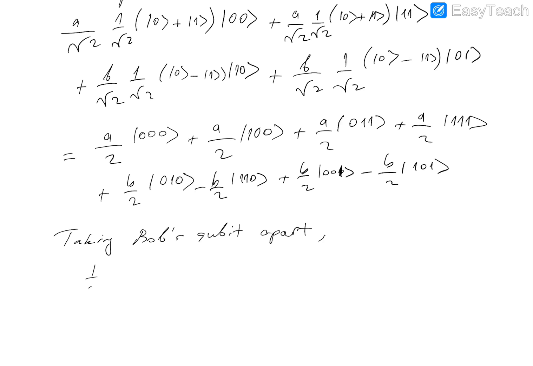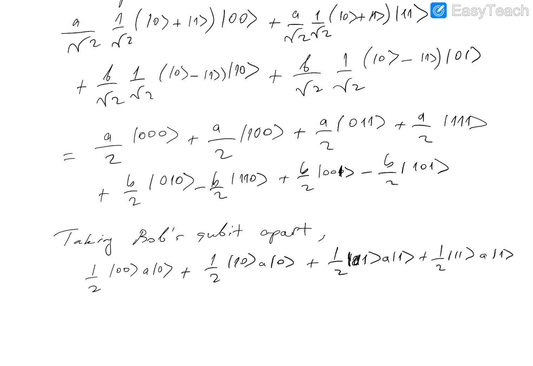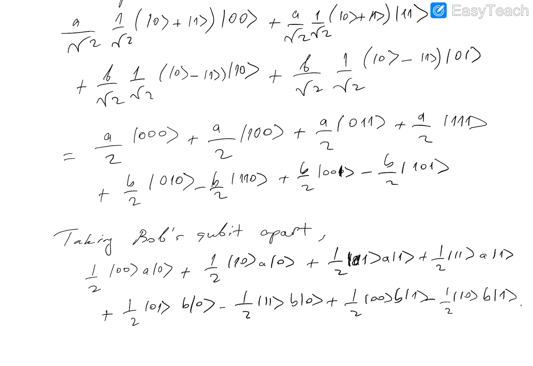This can be rewritten as 1 over 2, 0, 0, a0, plus 1 over 2, 1, 0, a0, plus 1 over 2, 0, 1, a1, plus 1 over 2, 1, 1, a1, and then plus 1 over 2, 0, 1, b0, minus 1 over 2, 1, 1, b0, plus 1 over 2, 0, 0, b1, and minus 1 over 2, 1, 0, b1.